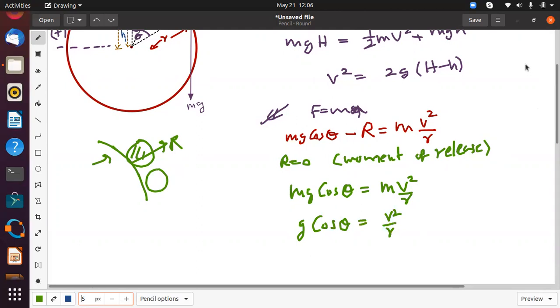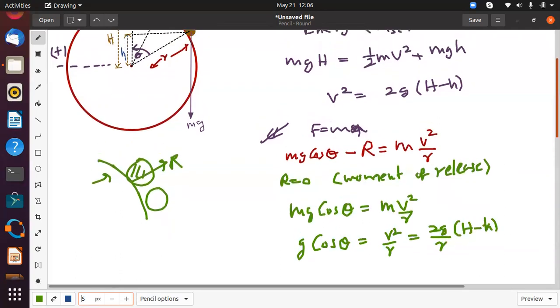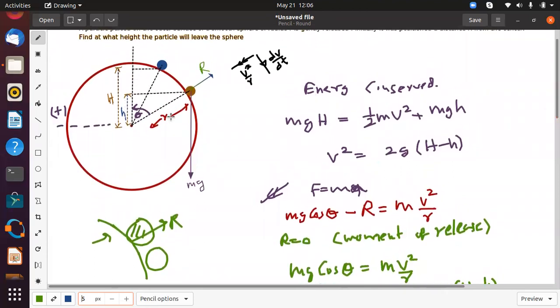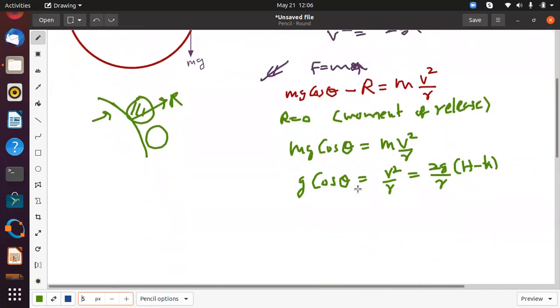We have obtained v squared here: v squared is 2g times capital H minus simple h. So 2g divided by r times capital H minus simple h. Now what is cos theta? Cos theta is simple h over r. If you look at it, this is 90 degrees. So g simple h over r.